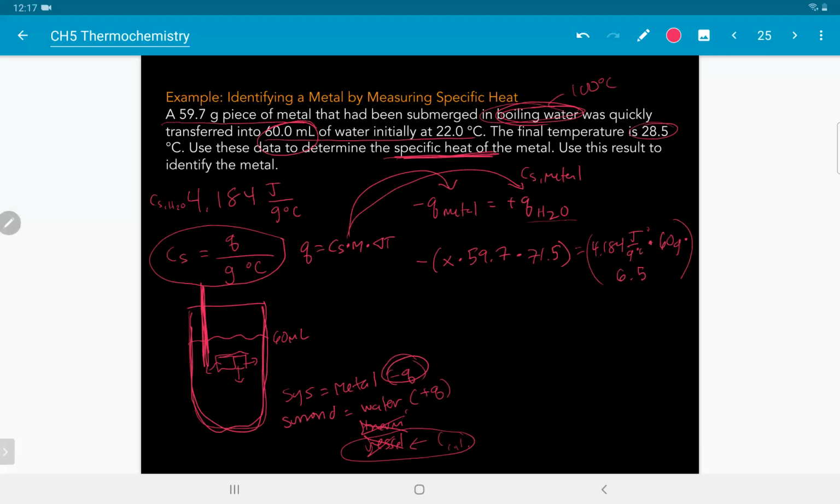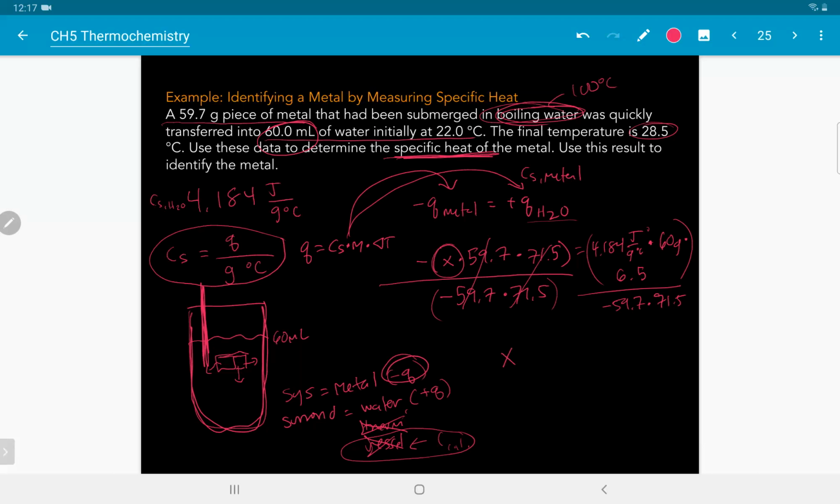Okay, so if we divide by negative 59.7 times 71.5, all that cancels. It's going to leave me with X.